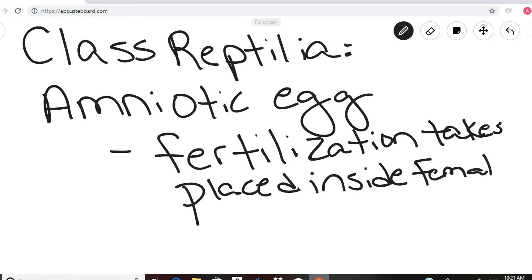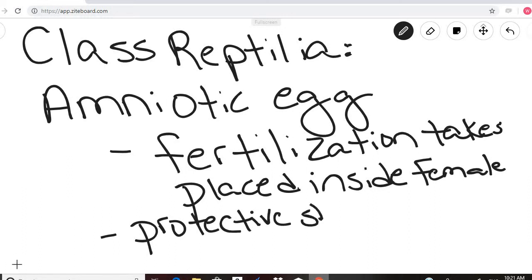And then once that egg is fertilized, there is a protective shell that forms around the fertilized egg.